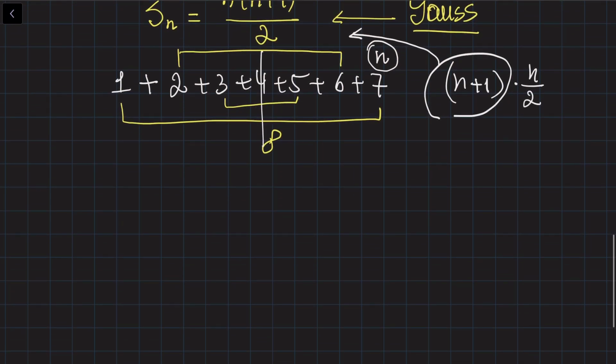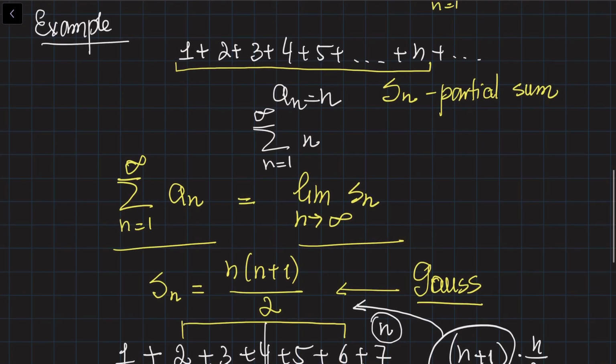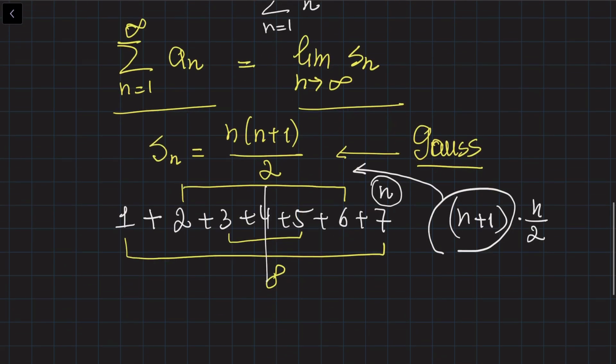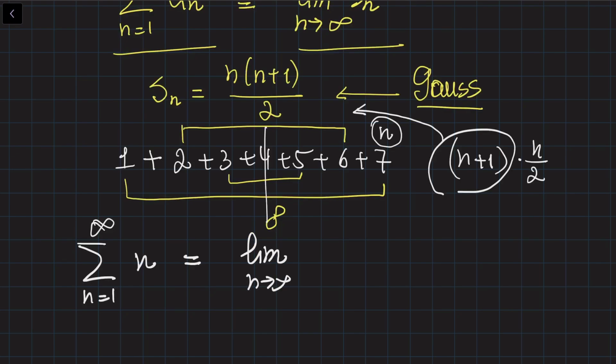What we would like to know is whether this series is going to converge to something or not. The sum of the numbers as n goes from 1 to infinity is equal to the limit of the partial sum when n goes to infinity. We know that the partial sum of the numbers from 1 to n is equal to n times n plus 1 over 2.